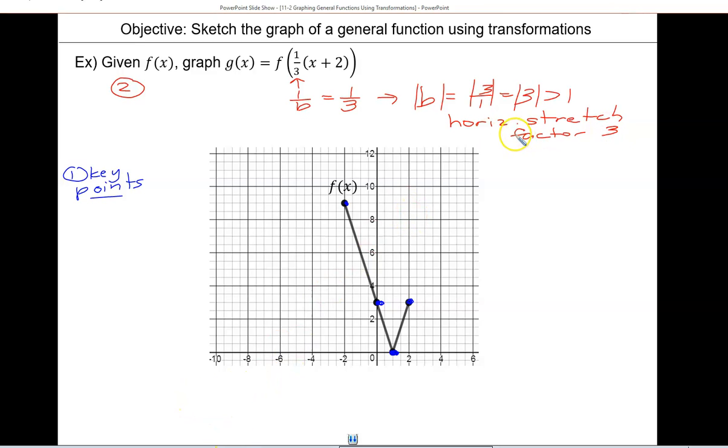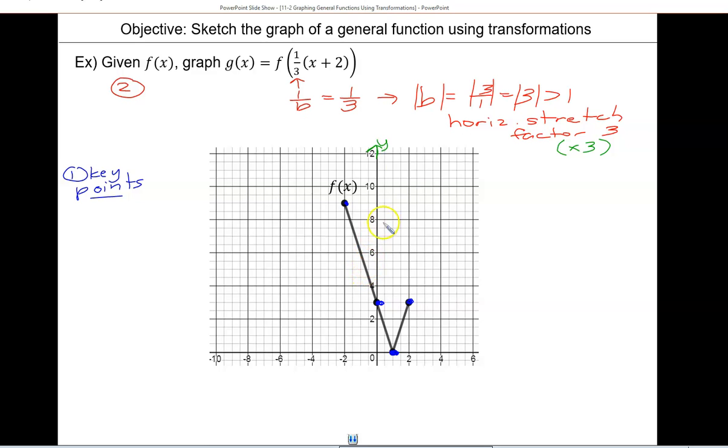What this means for my horizontal stretch is that I'm going to take all of the horizontal distances from my y-axis, which is right here, and multiply by 3 and make them 3 times bigger.